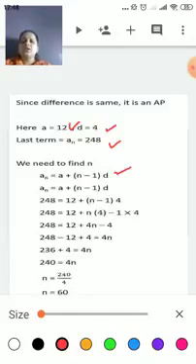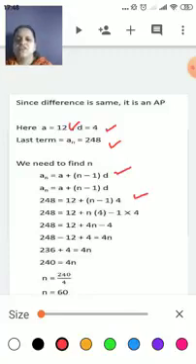So an equal to a plus n minus 1 into d. Substitute an as 248, a as 12 and d as 4. So 248 equal to 12 plus n minus 1 into 4. Now I will repeat here, you can solve this sum by any method.